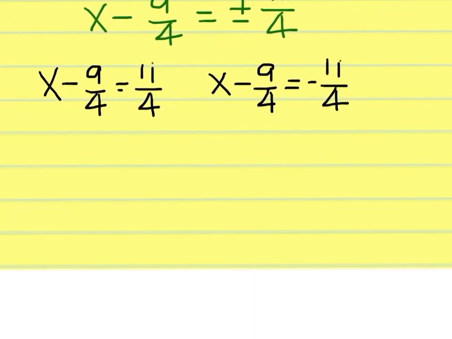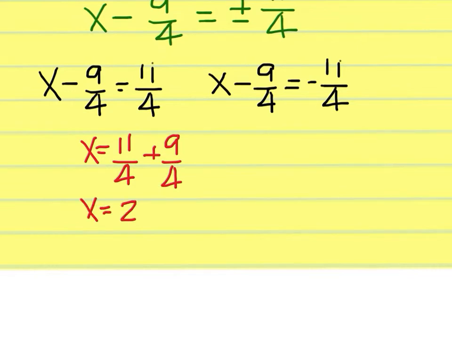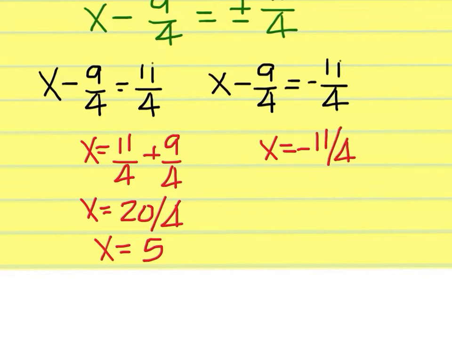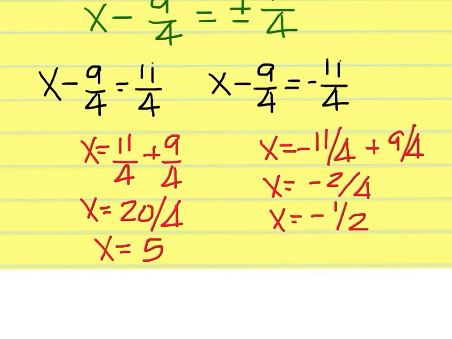So if we do the left-hand side, x equals 11 over 4 plus 9 over 4, which is going to be 20 over 4. That gives me a value of 5 for x. And then on the right side here, x equals a negative 11 over 4 plus 9 over 4. That's going to be a negative 2 over 4, which will be a negative 1/2.